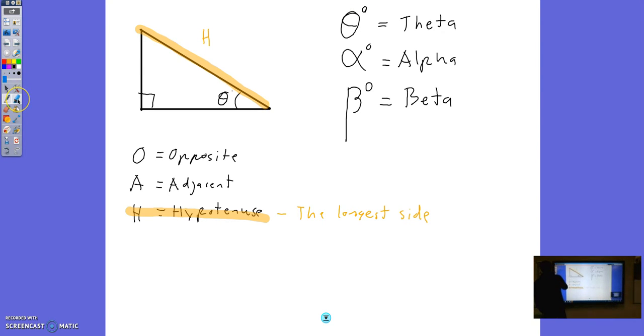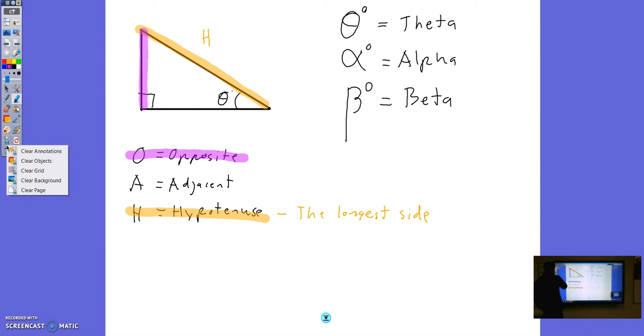All right. The next one that we're going to label is our opposite. Now, opposite means opposite from theta. So, looking at theta, we're going to draw a line, follow it all the way along. The side that is opposite is the side that does not touch theta, which is this side here. So that is our opposite side. Now, this will change.